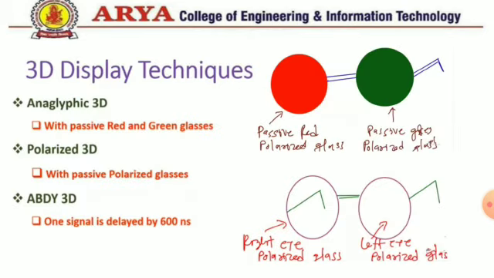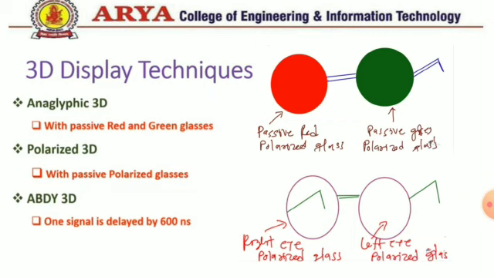Now I will explain a few display techniques for 3D display. One is the anaglyphic 3D display technique, in which there are two different glasses, one a passive red glass and the second a green glass. The red glass is for one eye, and the green glass is for the other eye.